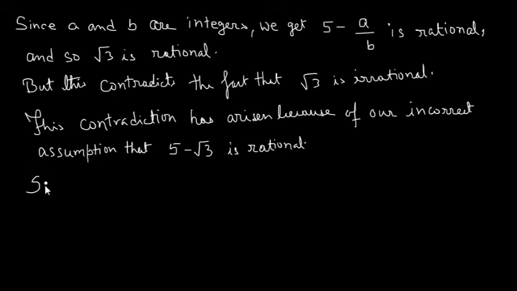So we conclude that 5 minus root 3 is irrational.